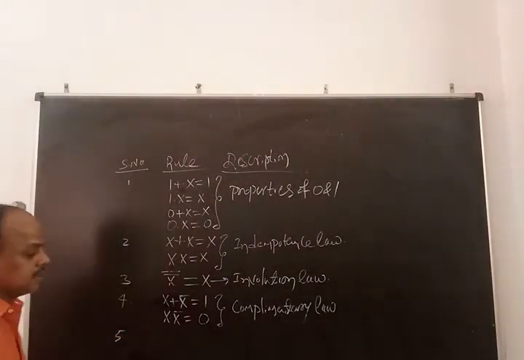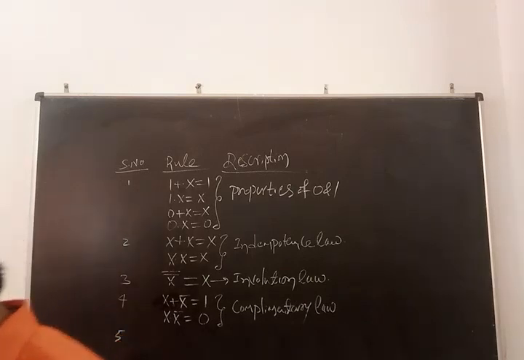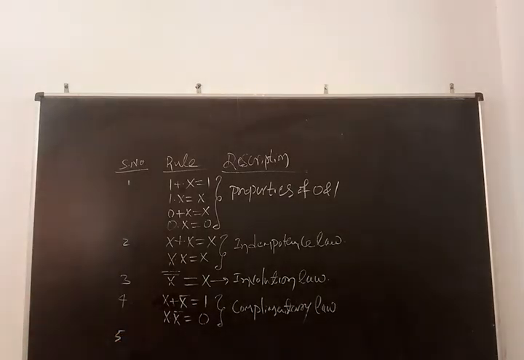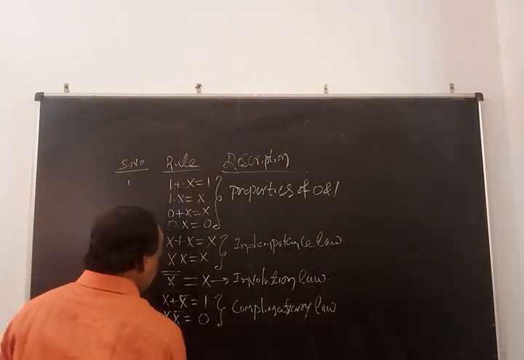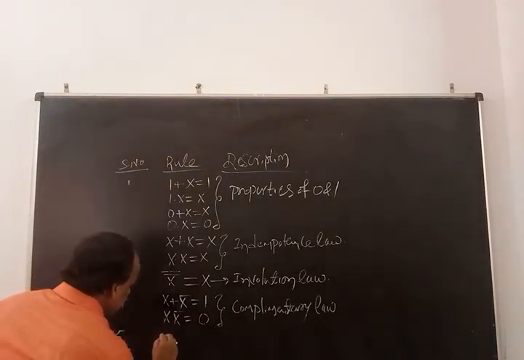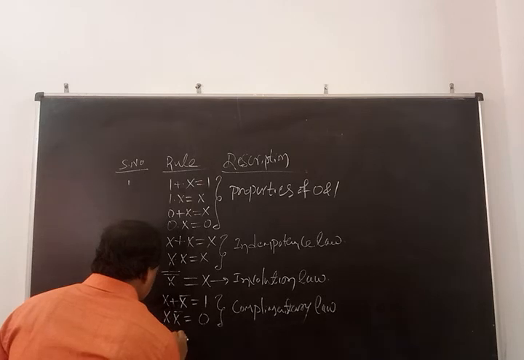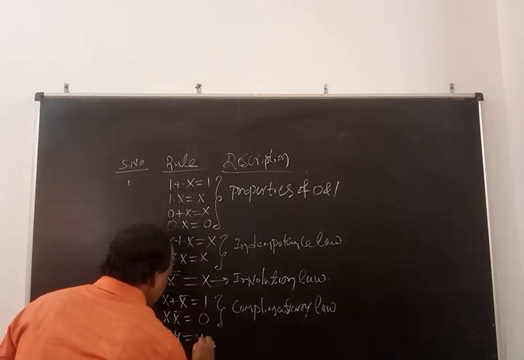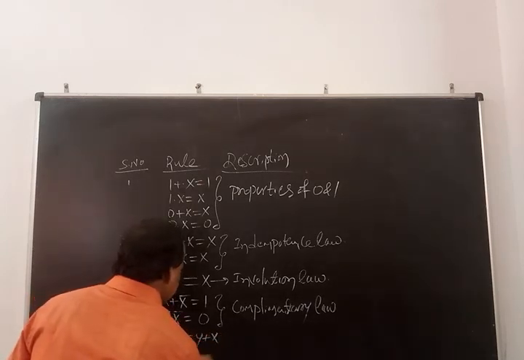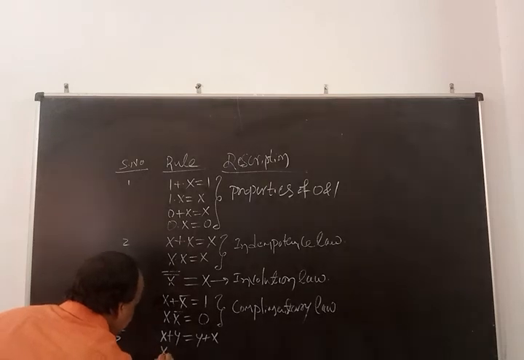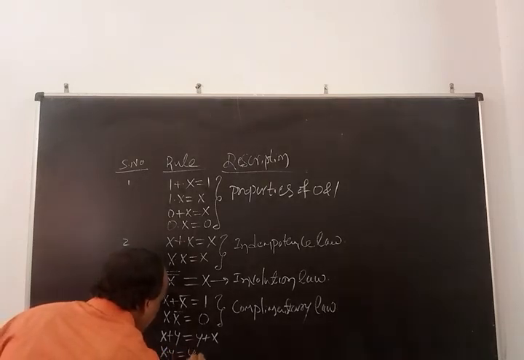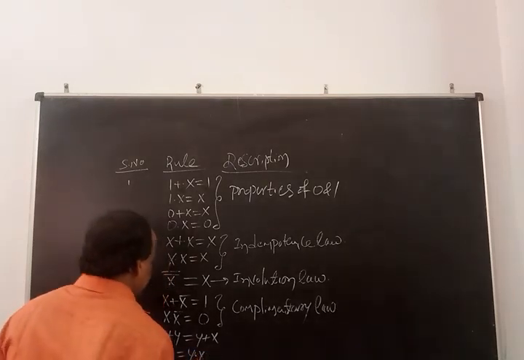And the next one is the commutative law. The commutative law states that x plus y is equal to y plus x, and x into y is equal to y into x.